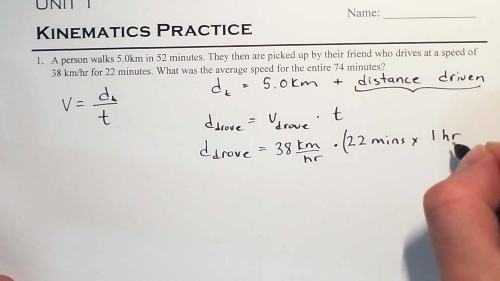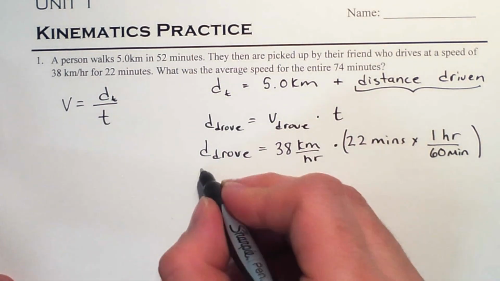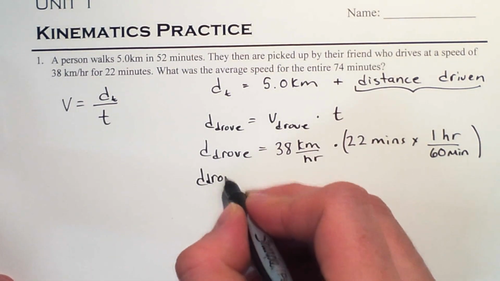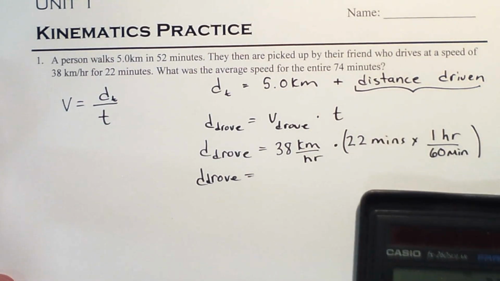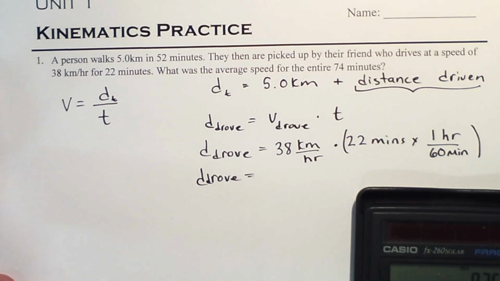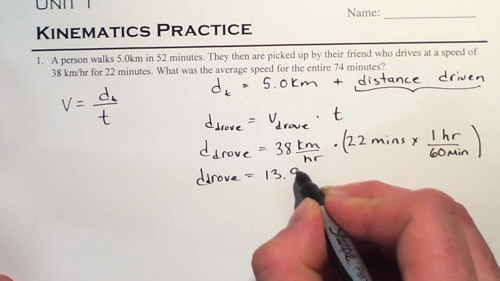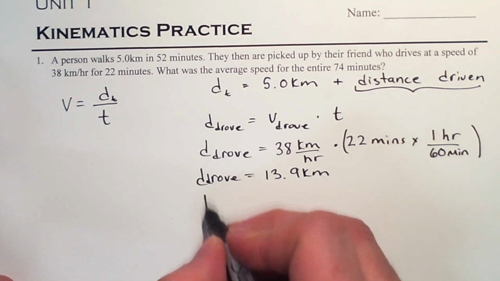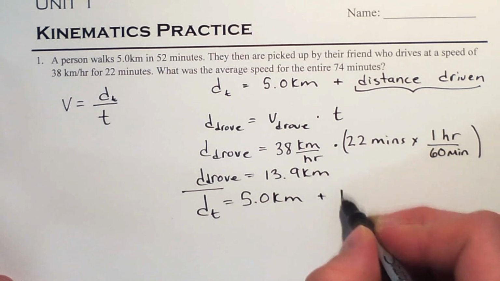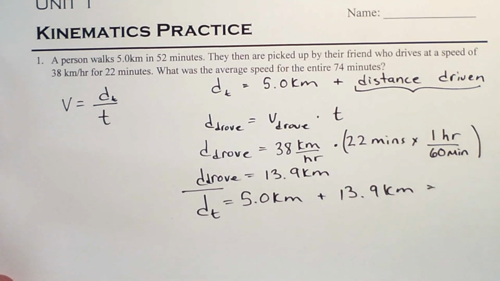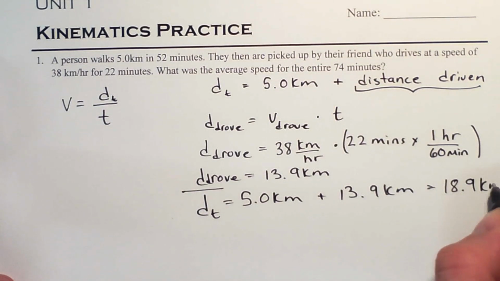So times 1 hour is 60 minutes. (38 times 22 divided by 60 equals 13.9 kilometers. So the distance total that was driven was 5 kilometers plus 13.9 kilometers equals 18.9 kilometers.